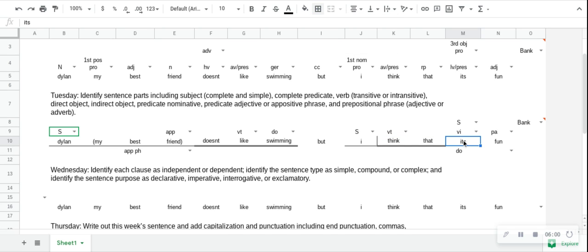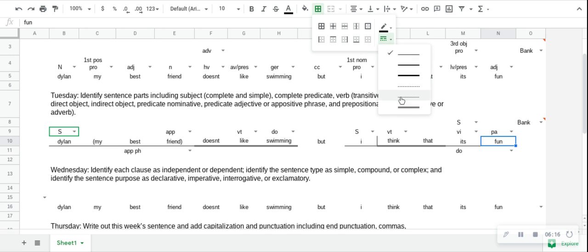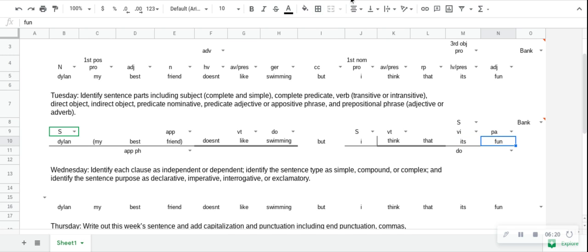In this case, it is the subject and the predicate of its own phrase. Does that make sense? Because technically, it is would be one phrase, would be two words.